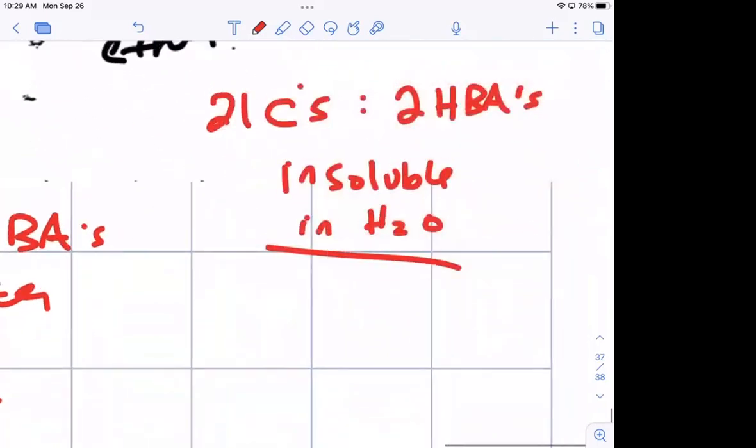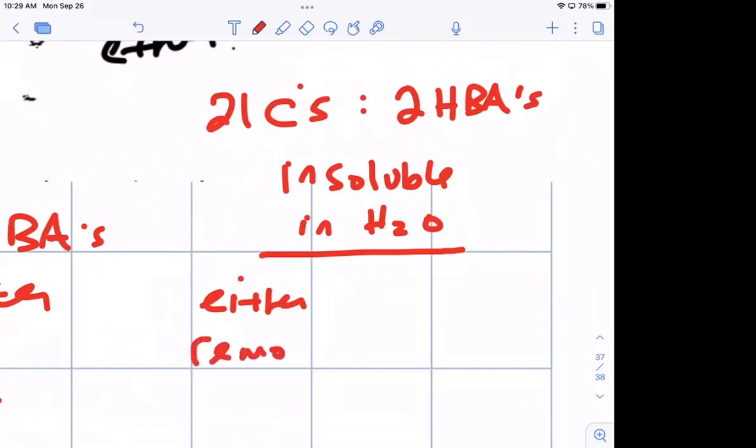How many carbons would we have to subtract, or how many hydrogen bonding atoms would we have to add to make it soluble? You can subtract 11 carbons.